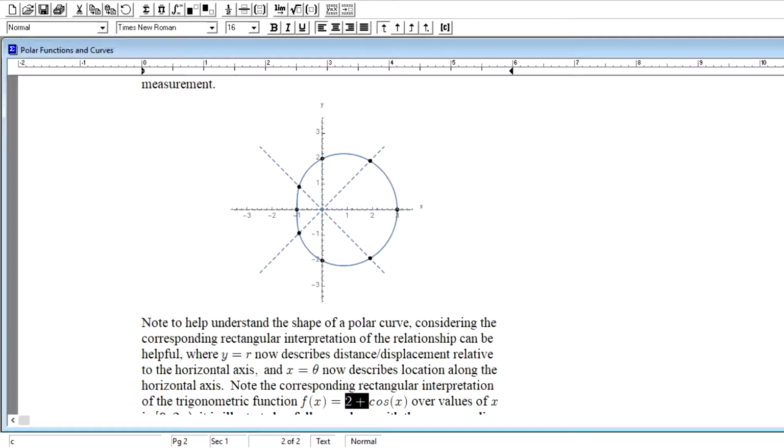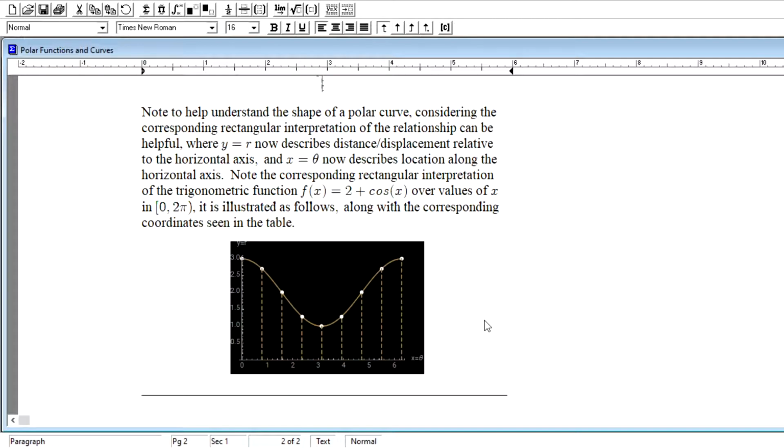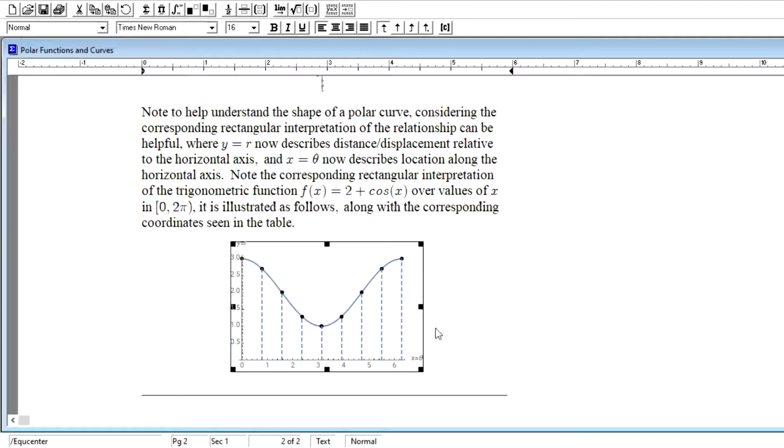Right? So when working with polar curves, folks, and we're going to see a couple more examples as we move forward into the next section where we're going to have to graph these out, what might help you at times in understanding what your polar curve might look like is actually graphing its corresponding rectangular interpretation, right?